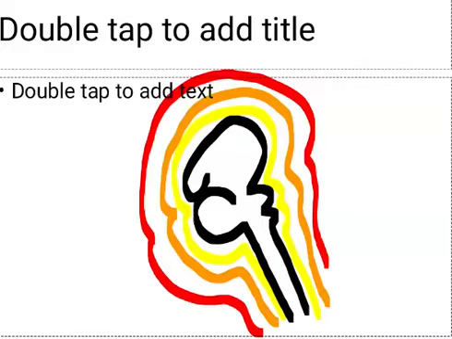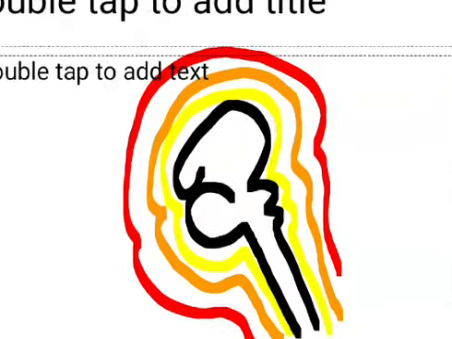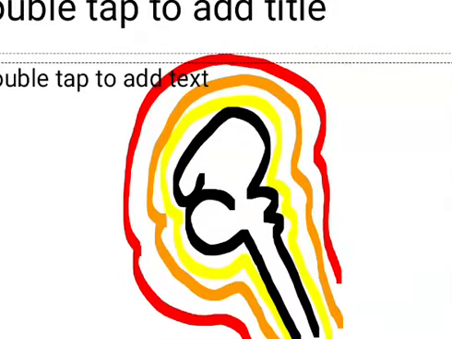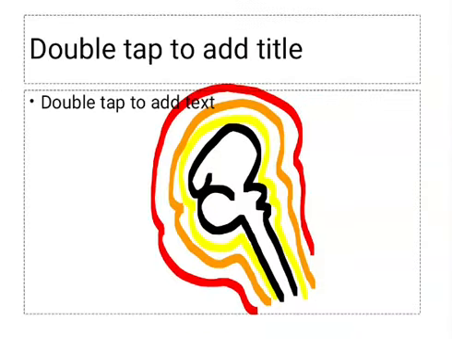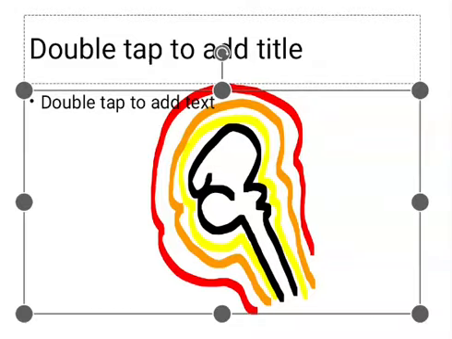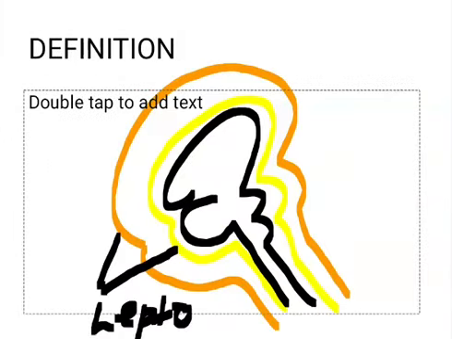Now coming to the outermost layer, which is known as dura mater. It is thick and fibrous. Now let us see the definition of meningitis.